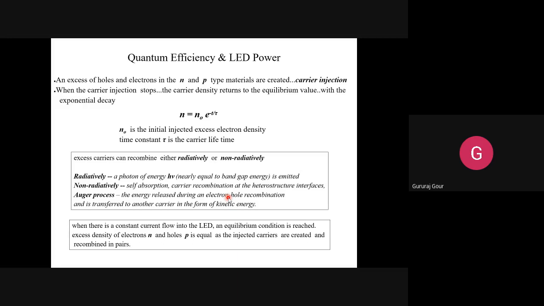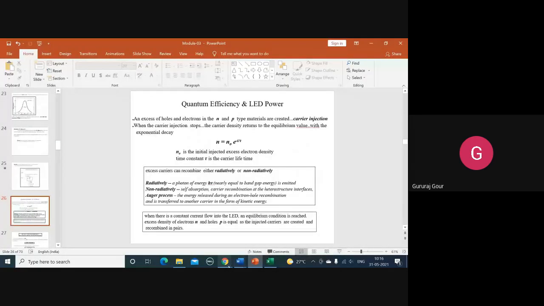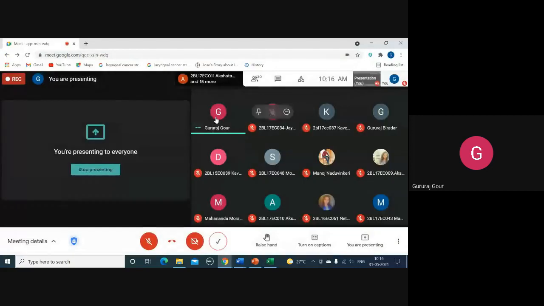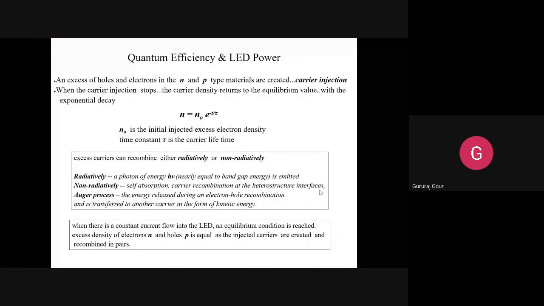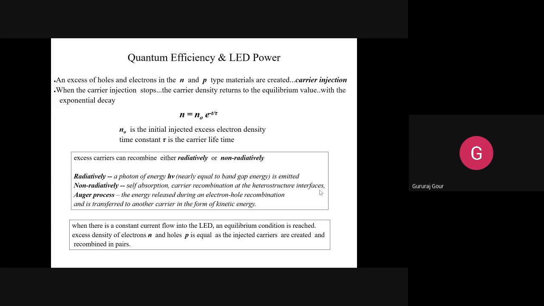Because we discussed in the last few classes, to make this recombination process more effective, we went through two important conditions: a very restricted region, and the second one, the band gap energy.